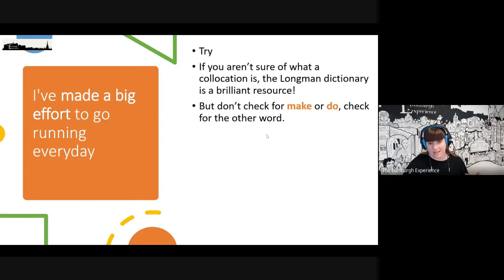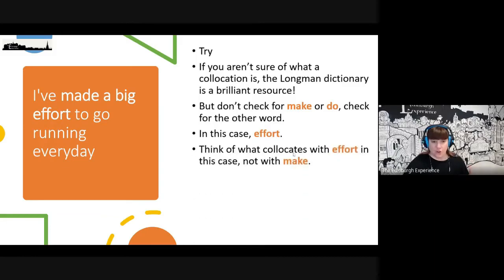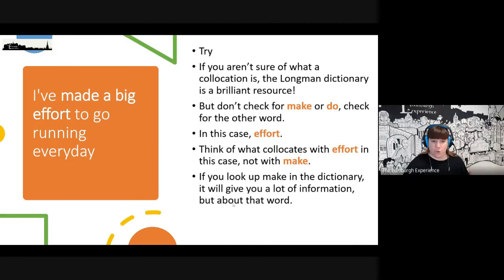So in this case, we would be talking about the word effort, yeah? And I'll show you why, because if you are looking for make, there's going to be so much information there which is not specific to effort, okay? You have to do it the other way around. So let me just bring up the Longman Dictionary here and I'll show you what I mean by that.